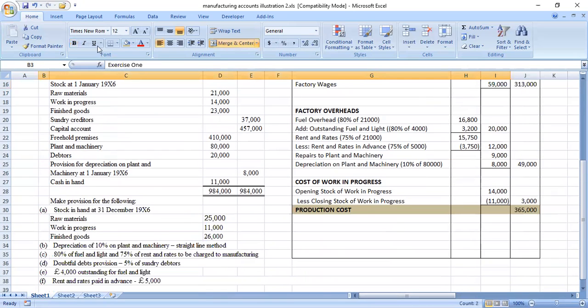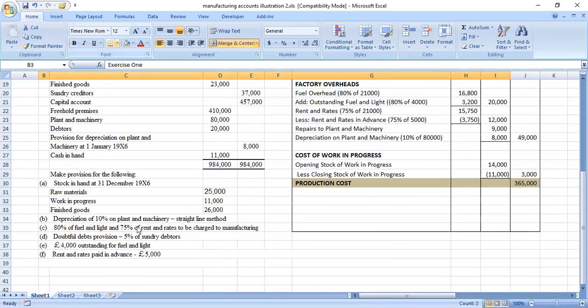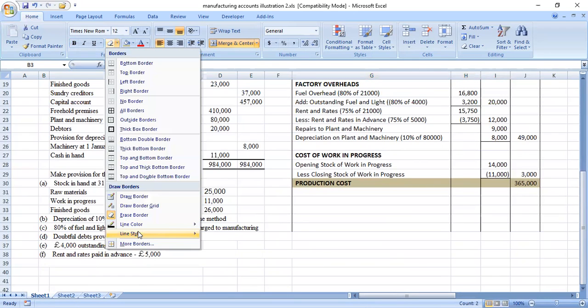So let me erase this. So next we want to show the gross profit, of which the gross profit is sales minus cost of sales.